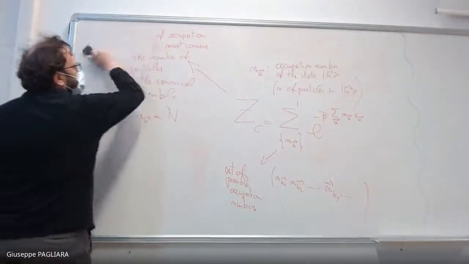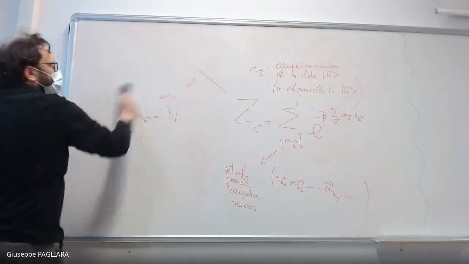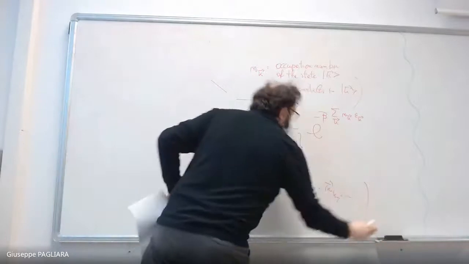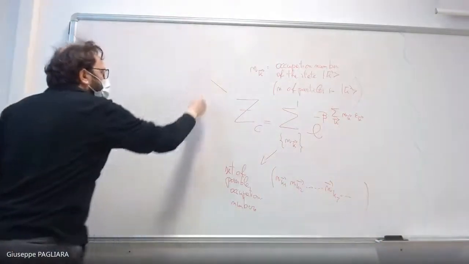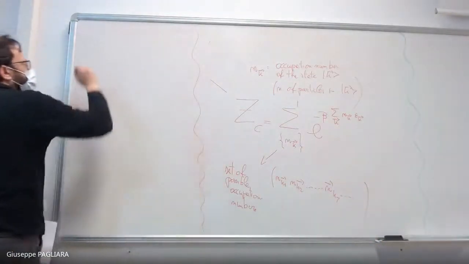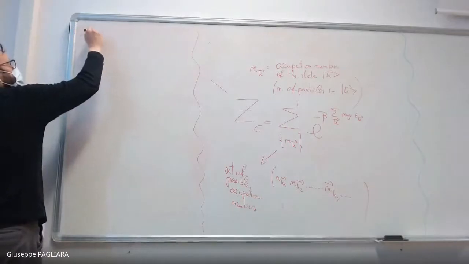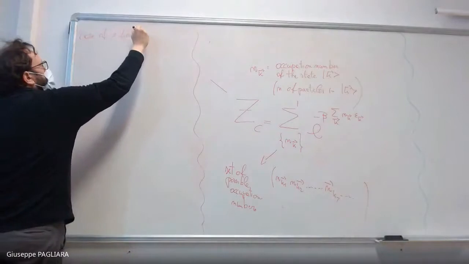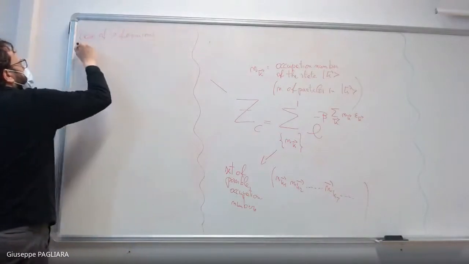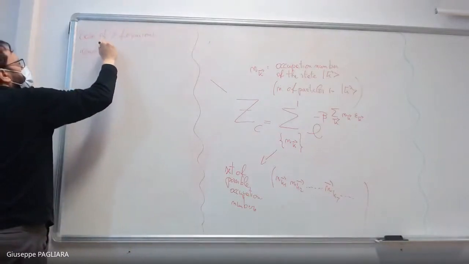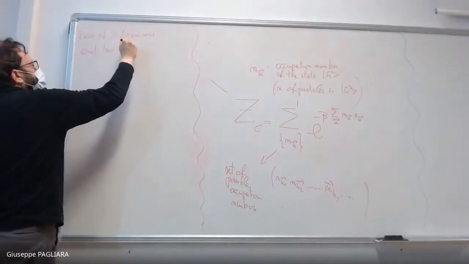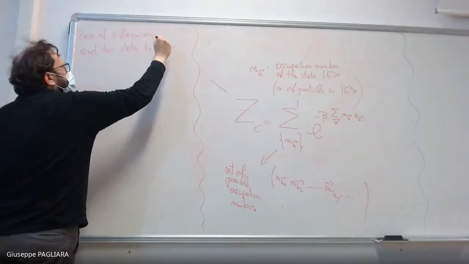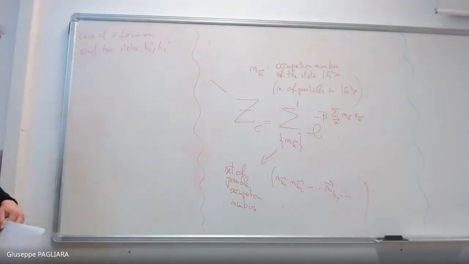So let's try to compute this canonical partition function in this basis for two states and two fermions. So the case of two fermions and two states, let's call them k1 and k2.